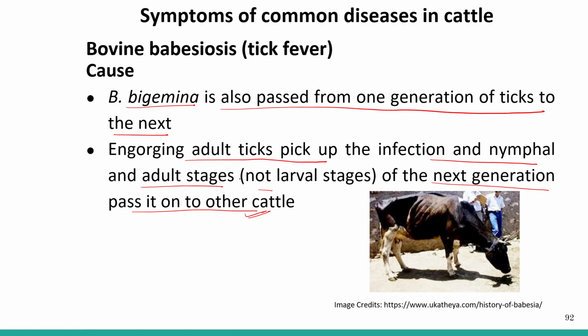So the nymphal and adult stages also pass this particular disease to the next generation, and they can infect other cattle.